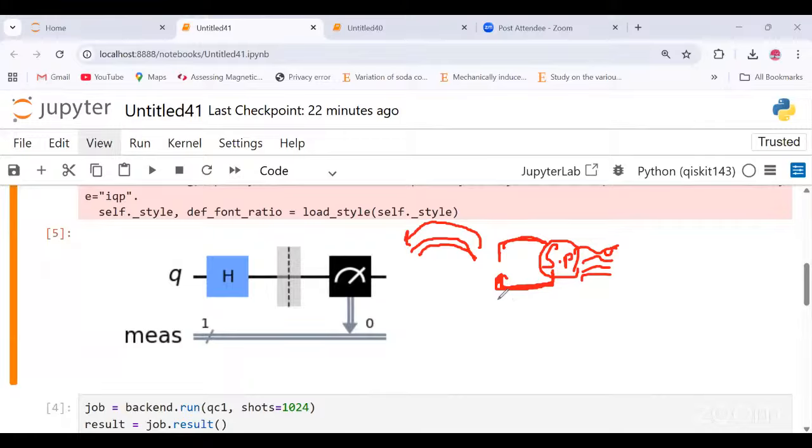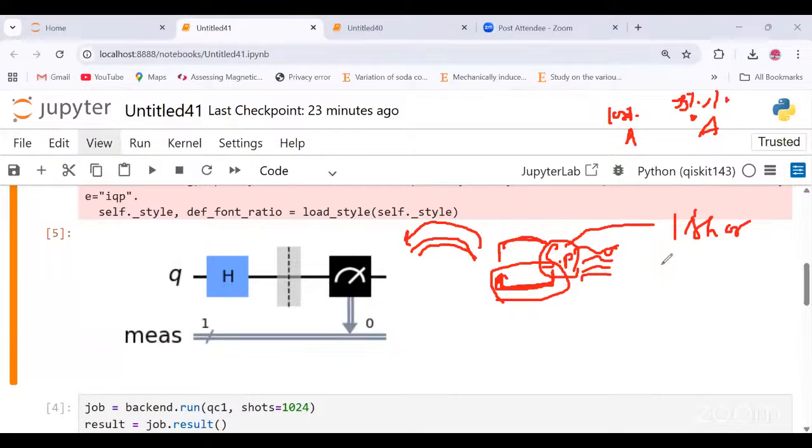Because quantum is probability based, we have to obtain a probability distribution. This is a big drawback in quantum also. It cannot be that we run a circuit in one shot and are very sure, as in classical. In classical we are 100% sure the particle is present at point A. But quantum mechanically, we can say there is a 99% possibility it is there and a 1% possibility it is not there.